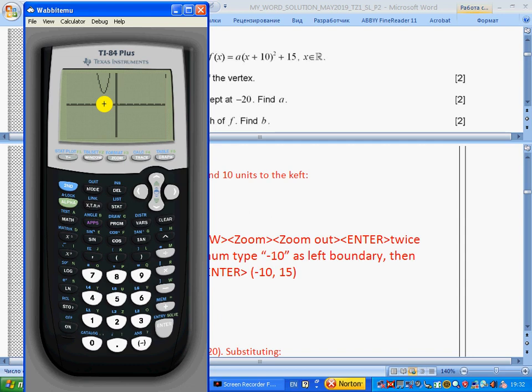To find the vertex, we go to 2nd Trace, we choose Minimum 3, and we should show the left boundary and right boundary.